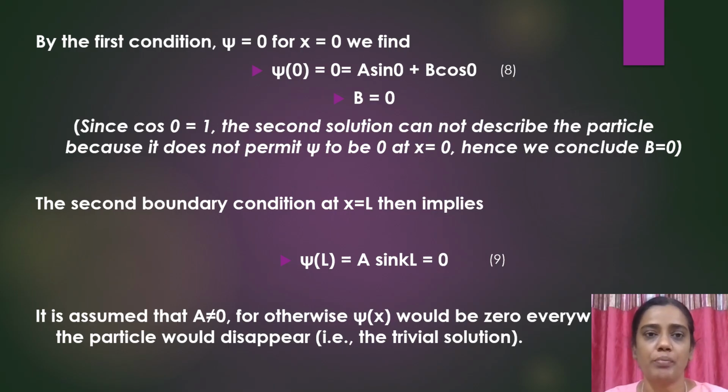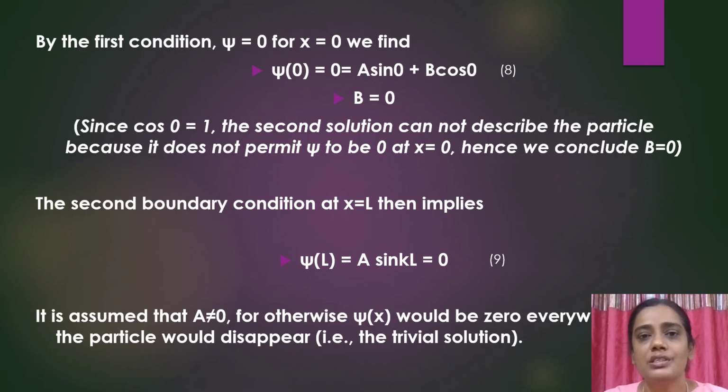Now we are going to apply the boundary conditions to the general solution. We know psi should be equal to 0 at the boundaries and outside. So now let us take the two boundary conditions, that is x equal to 0 and x equal to L. Let us take first x equal to 0, the first boundary, and apply it to the general solution.